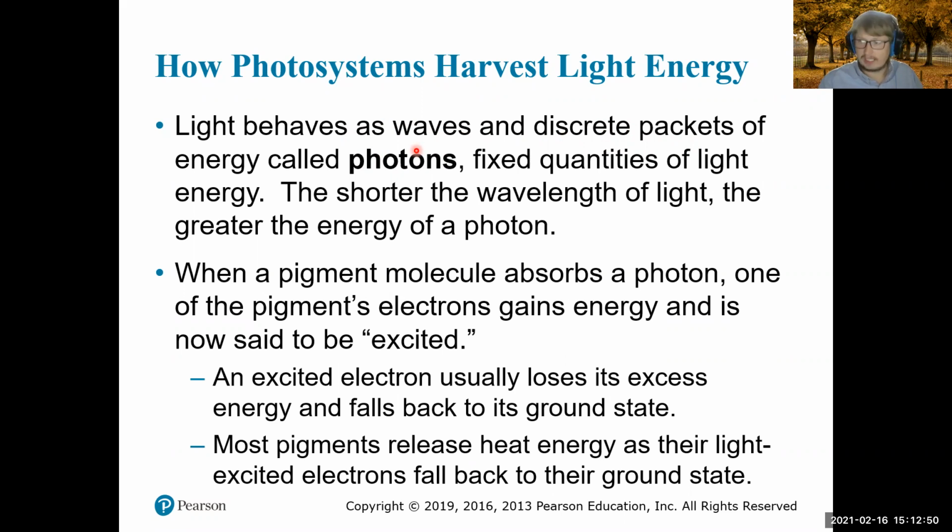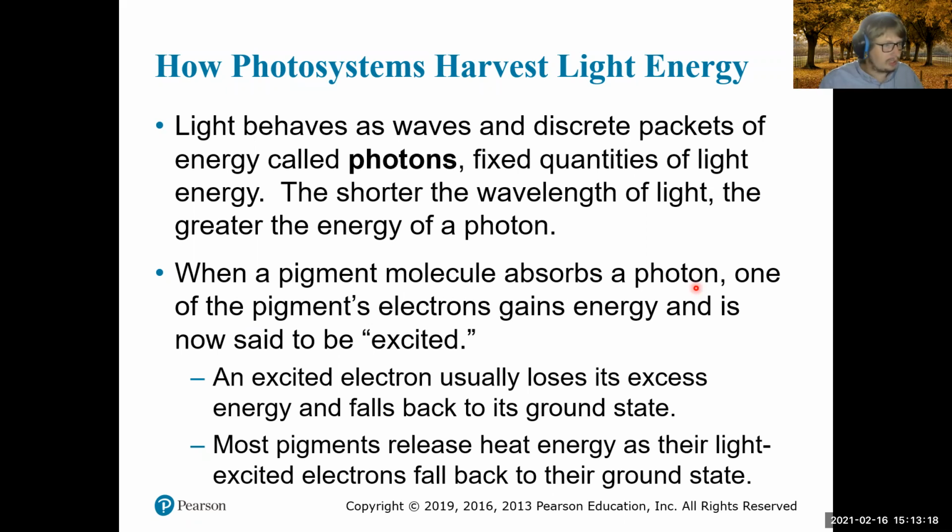So again, the shorter the wavelength, the more energy that photon or that packet of light has. So what happens is you'll get a pigment molecule that will absorb a photon, and then that energy from the photon will basically excite an electron, and that electron will gain energy. And as that electron loses energy, it falls back down to what we call a ground state.